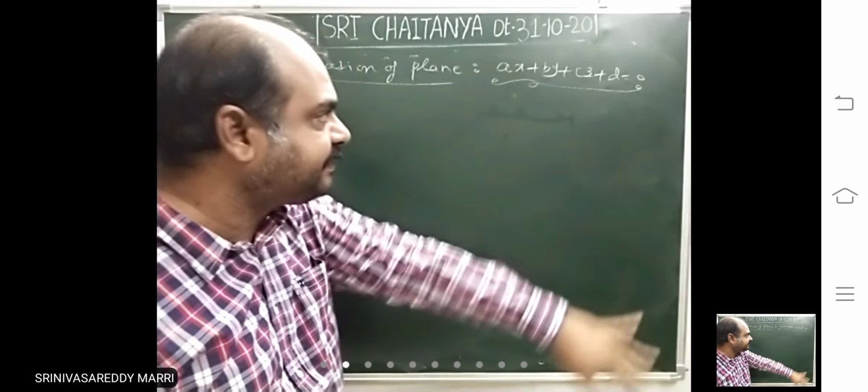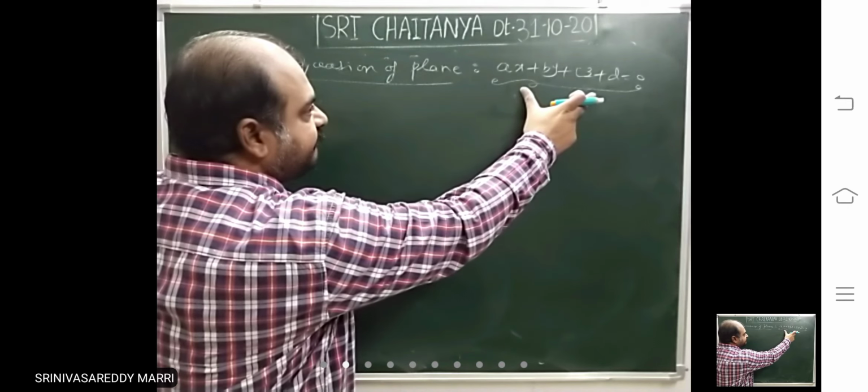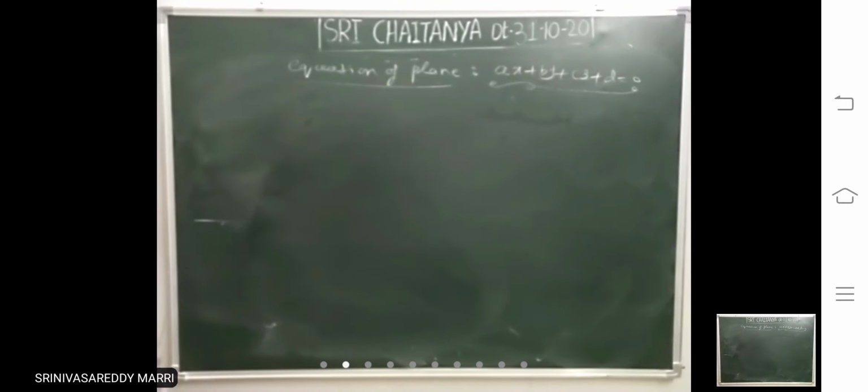Planes chapter is next week. Just one formula is there in this week's syllabus. The equation of a plane is Ax plus By plus Cz plus D equal to 0.